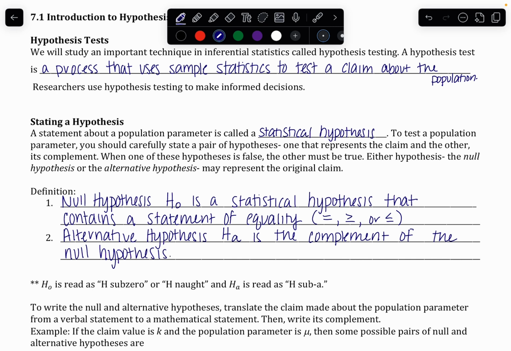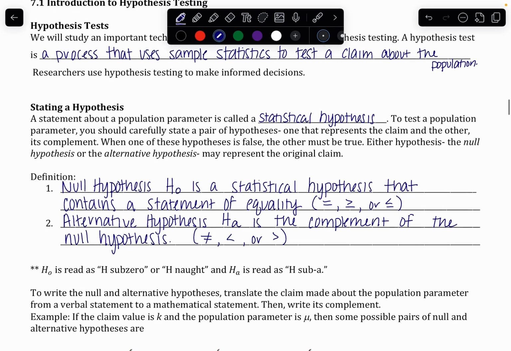So if we have equal, the complement is not equal. If we have greater than or equal to, our complement is less than. And the complement of less than or equal to is greater than. So when we look at the null and the alternative hypothesis, H sub 0 or H naught, H sub a, I'm perfectly fine with you just calling them null and alternative.